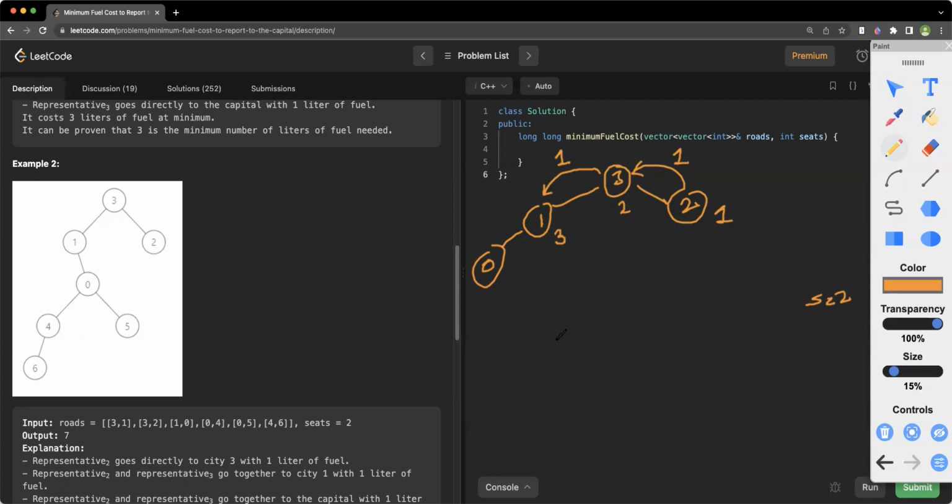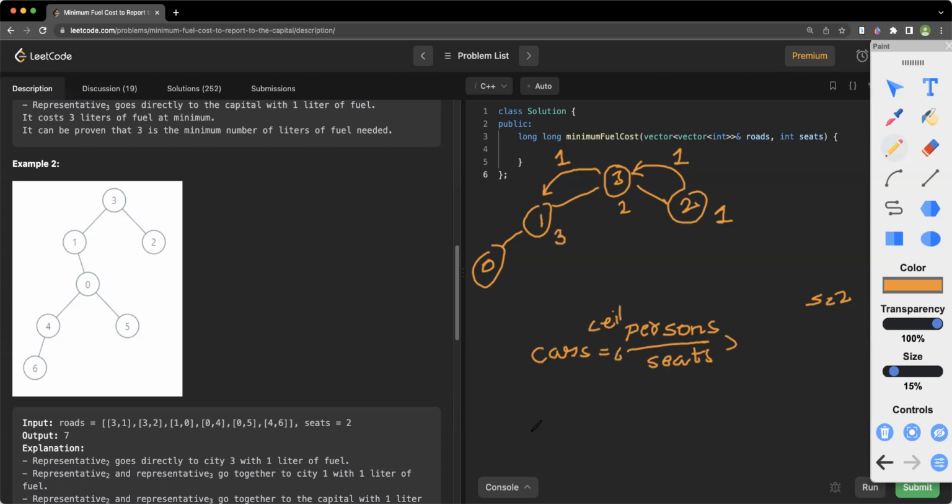So how can we calculate the number of cars required at a city? Cars equals the number of persons at that city divided by the number of seats. We take the ceil value to calculate the number of cars.